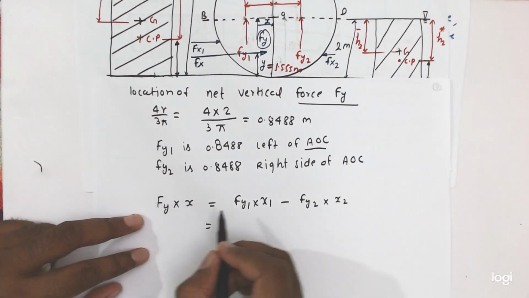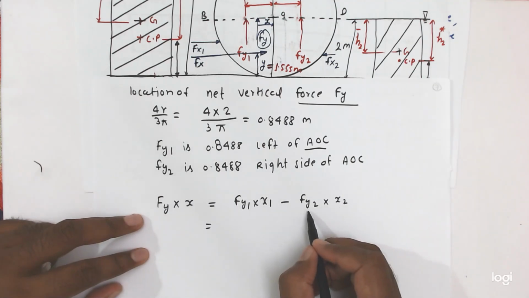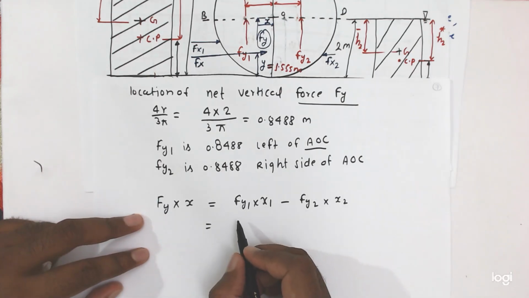Fy we know, Fy1 we know, x1 and x2 we already know, and Fy2 also we know. We'll put all the values here.